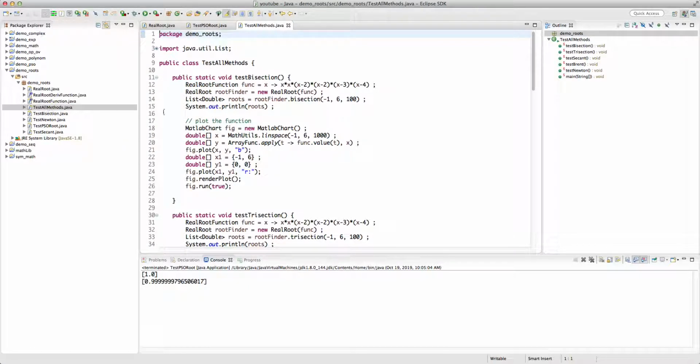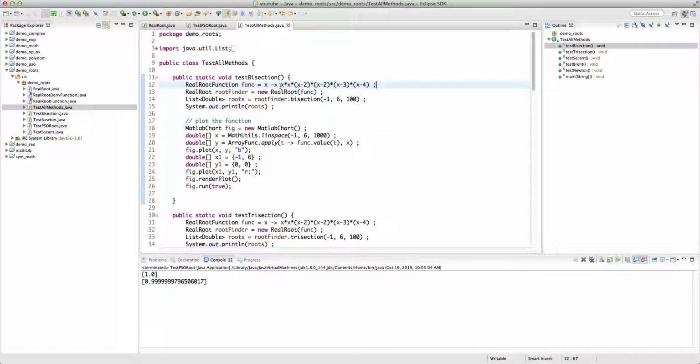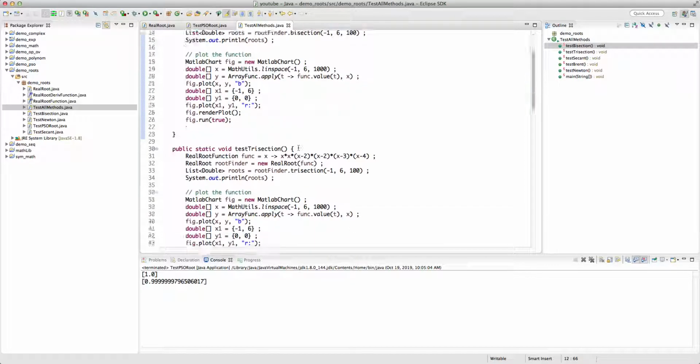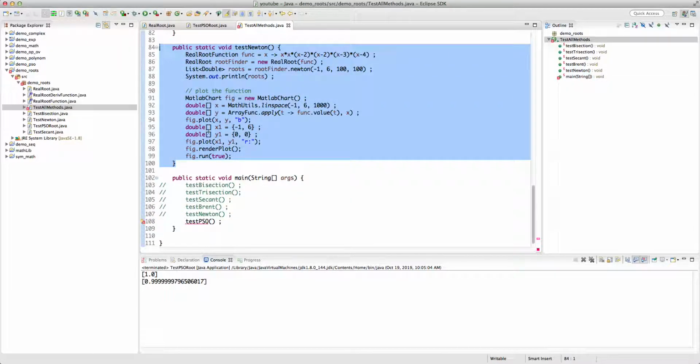We had this test all methods, and we had this polynomial x squared times x minus 2 squared times x minus 3 times x minus 4, and the only method that was able to find all these roots, we had 2 tangent roots, x0 and x2, and 2 simple roots, and the only method was Brent was able to find them. So let's do test PSO here also, and let's comment the Brent out. Okay, and we're going to implement the PSO.